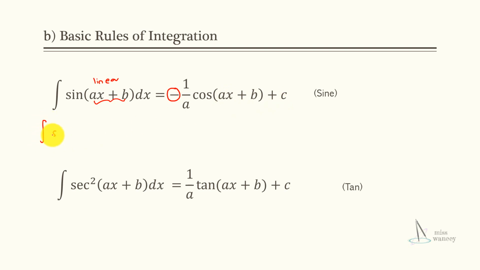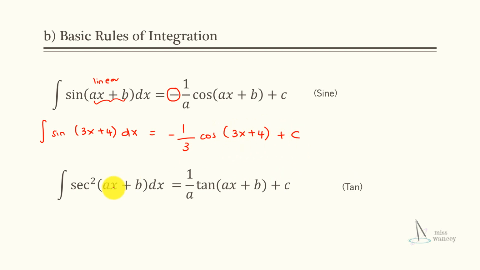So if let's say we have sine of 3x plus 4 dx, so this is -1 over, the coefficient of x is 3, so -1 over 3 cos of 3x plus 4, and then plus c.